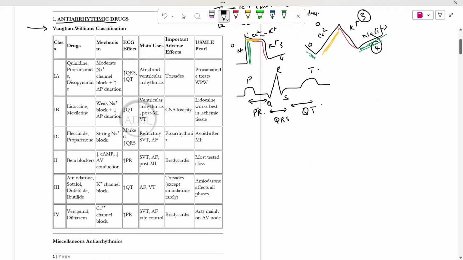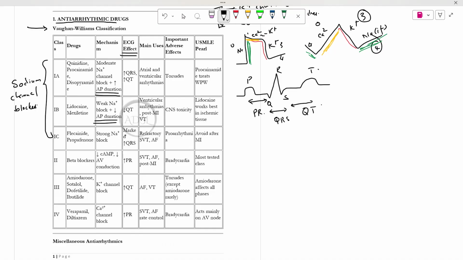As we said, type 1 are the sodium channel blockers: 1A, 1B, and 1C. Now the question is, why do we have this 1A, 1B and 1C? Because they have a different effect on the ECG. Also, they have a different effect on the action potential duration.